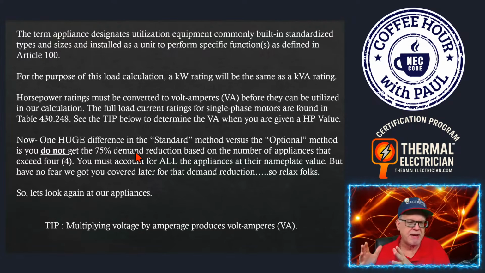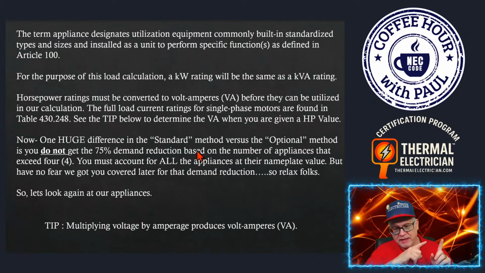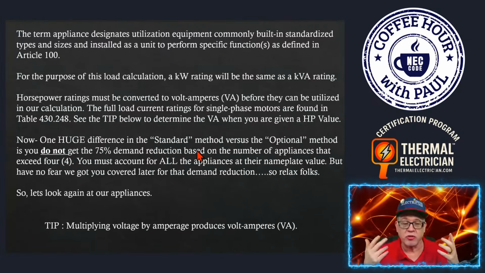We're going to pull the nameplate and just write them down, okay? All right, so let's look at that. So there you go. That's the main difference, folks, is standard method, we're going to apply some demands. The optional method, we're still going to do demands, but we're going to do one big, huge one at the end, okay? That's the only real difference there.